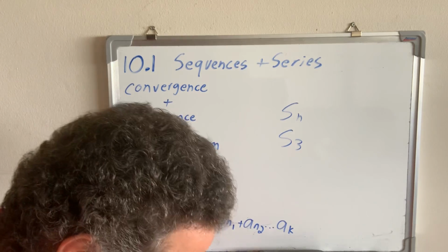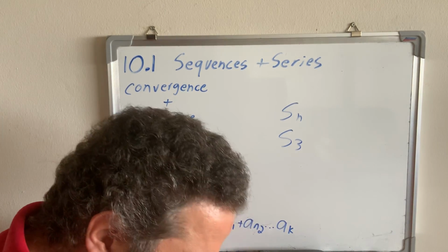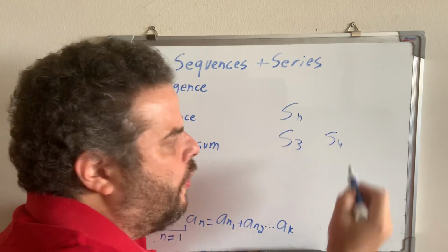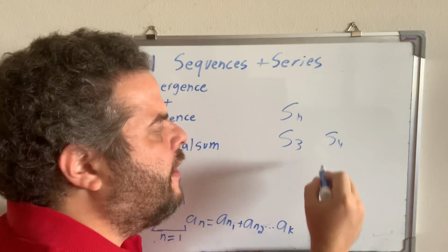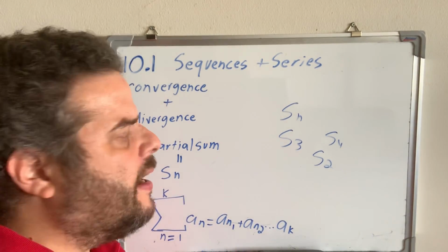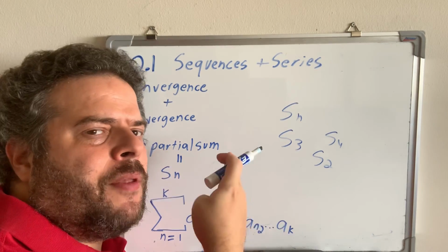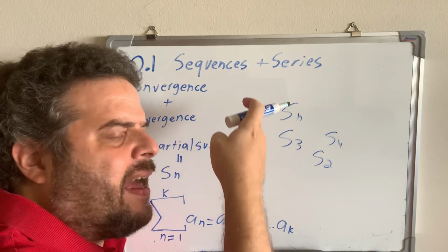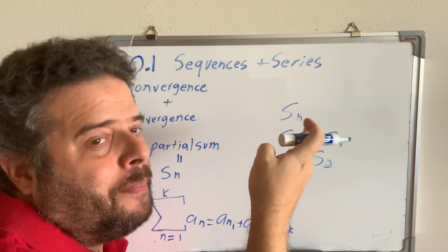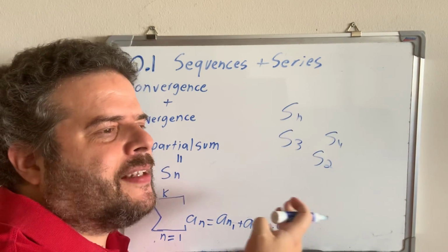You can see the examples on page 593. Okay, they give you S4, you're going to add the first 4. If they give you S2, you're going to add the first 2. Now, this is great when you want to begin adding from the beginning. It does make sense, but it's confusing.